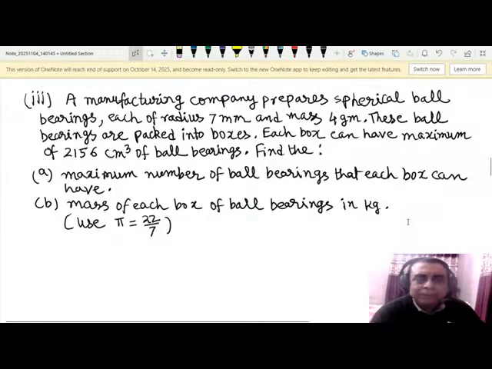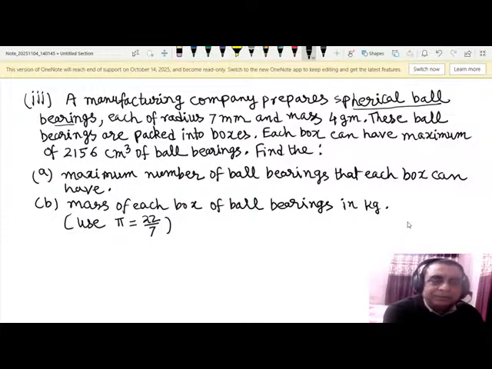Now number third, the last question of question number 8. A manufacturing company prepares spherical ball bearings. Each of radius 7 millimeter and mass of each ball bearing is 4 gram. The ball bearings are packed in 2 boxes.